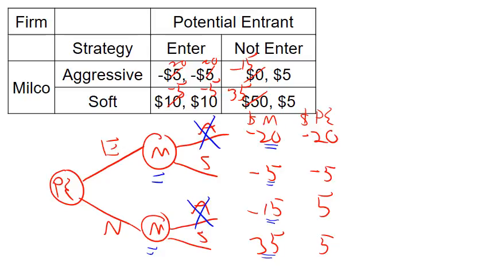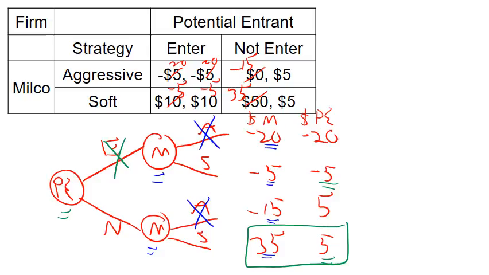At that point, looking at PE, you can choose enter, in which case it's going to get minus 5, or not enter, in which case you're going to get $5. Well, 5 is better than minus 5, so we can eliminate the enter branch in this case. The equilibrium path now is for the potential entrant not to enter, and for Milko to play soft. The payoffs in that case are 35 and 5.